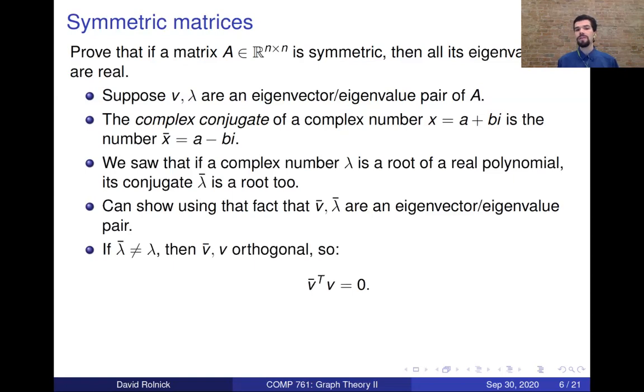So that means that v bar and v are orthogonal in complex vector space if lambda bar is not equal to lambda. So if these two eigenvalues are different, then the corresponding eigenvectors have to be orthogonal. Is this possible? Can a vector and its complex conjugate be orthogonal?